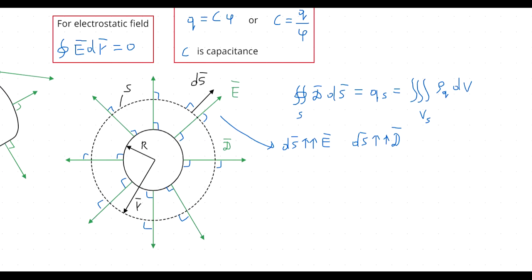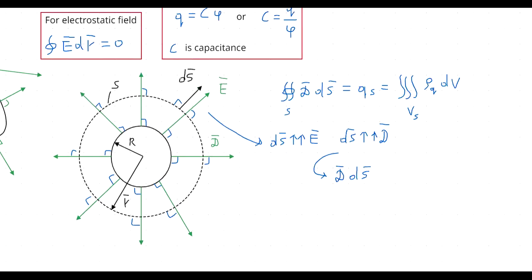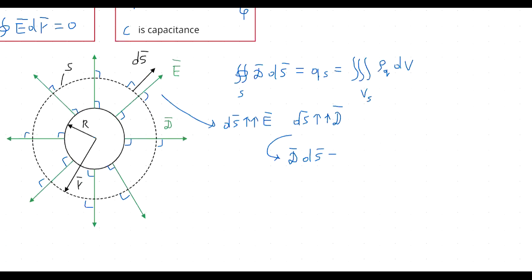It means that the scalar product of D and dS is equal to D dS cosine 0 degrees, and this will be simply D dS.